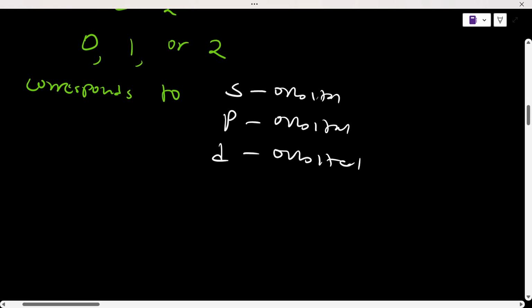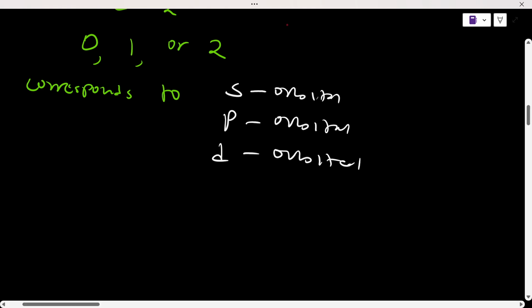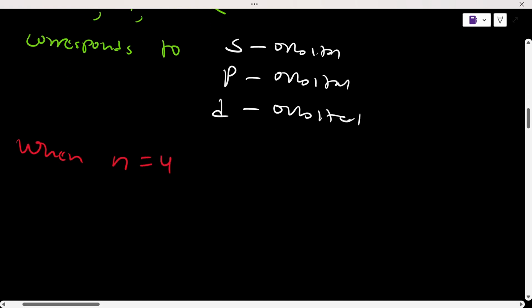Lastly, when principal quantum number n is equal to 4, I'm going to do my arithmetic using the expression. And according to my expression, L can only be less than or equal to n minus 1. So if I do my arithmetic, I'm going to have L equal to 4 minus 1.